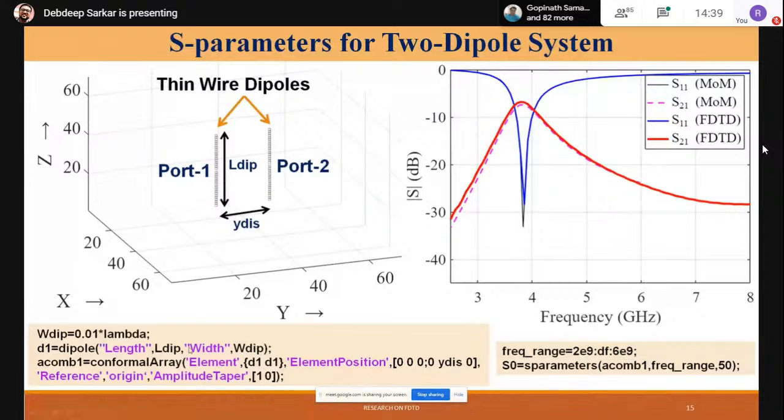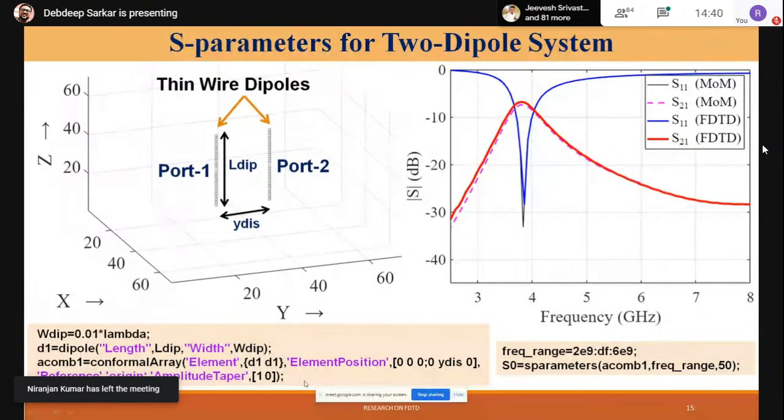It is very suitable for analysis of these thin-wire systems. In fact, there is software like the Numerical Electromagnetics Code, NEC, and 4NEC2 and so on. Similarly, if you use the simple Matlab antenna toolbox and write a few lines of code, this is essentially the code I have written over there.